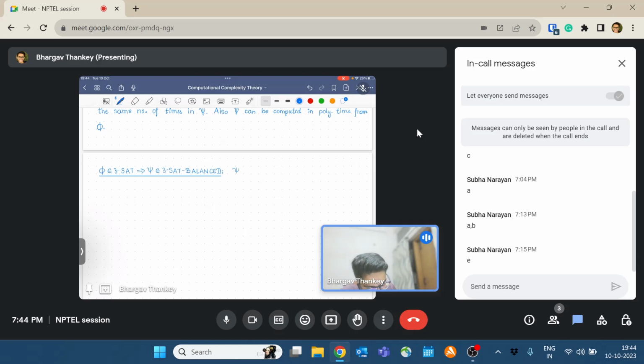So we have already observed that psi is balanced. So we only need to show it's satisfiable.